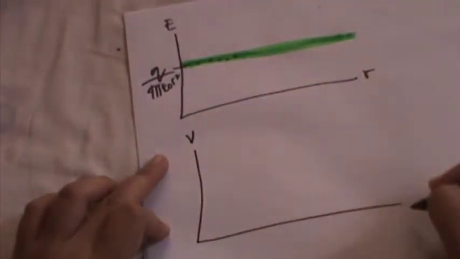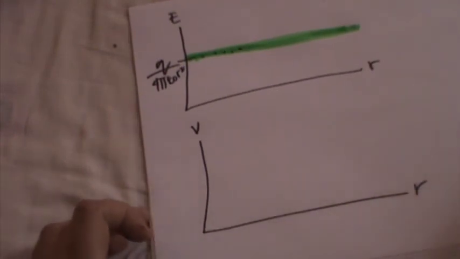This is V, this is R. If we try to recall our final answer for potential inside, we have Q over 4 pi epsilon naught times 1 over 2R multiplied by 3 minus r squared over R squared. If we try to simplify this one, and our potential outside is Q over 4 pi epsilon naught r.